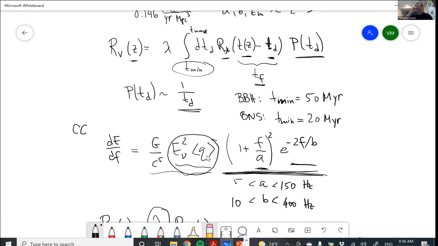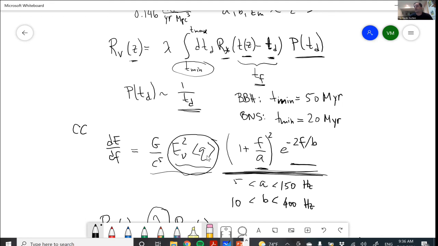Part of that belief comes from the fact that we have seen compact binaries individually, and we can make some educated guesses or estimates for how many such objects there are in the universe. That can give us a pretty good estimate of what the stochastic background should be.